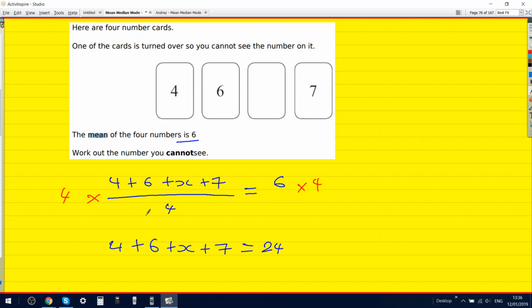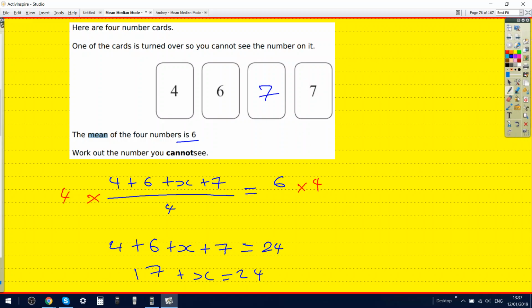So now we know it equals 24. So we can add up 4 plus 6 plus 7, which equals 17. And then 24 minus 17 is 7. So x must be 7.